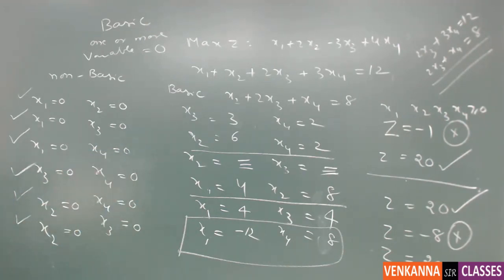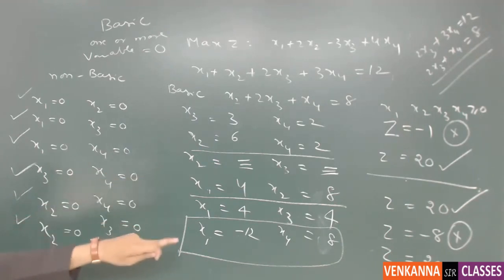So among which z is given by the maximum value, that is called the optimal solution, which is feasible, right? Variable values must be non-negative. Solution value should exist. Those are feasible, right? And this thing is degenerate case because solution values have become 0 there.